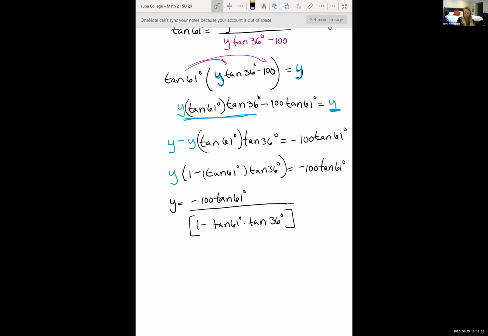Divide by parentheses for my denominator, 1 minus tangent of 61, close my angle, times tangent of 36. Make sure my angle is closed in my denominator, and push enter. I get y is approximately 580.61. I believe we are in terms of feet.